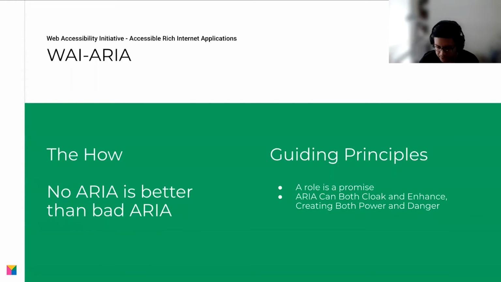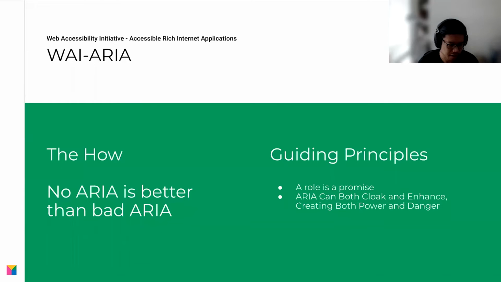And I'll be repeating specifically the first one, not a lot, but sometimes throughout this talk: a role is a promise. What that really means is when you declare an element as a specific role, it comes with a promise to our user that it's going to behave like what you're saying, because that's what screen readers and other assistive tools expect.